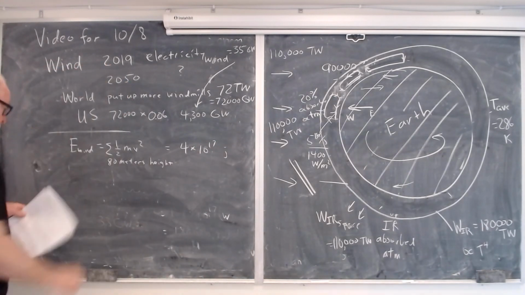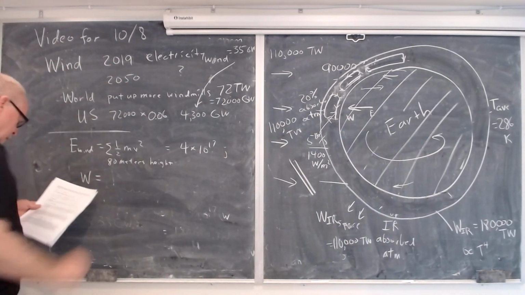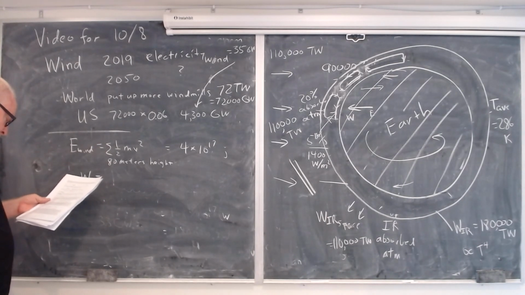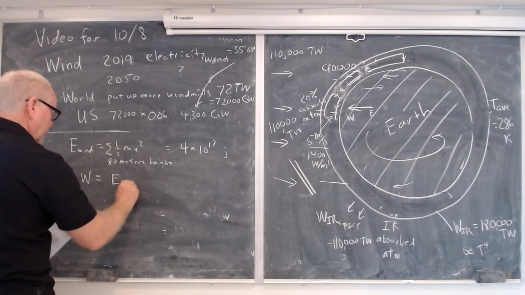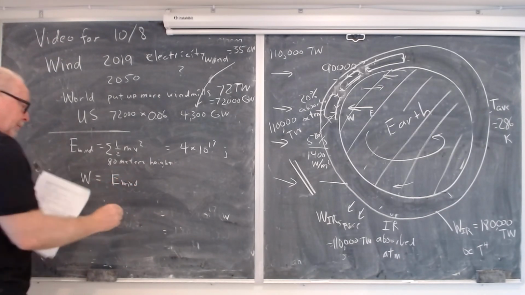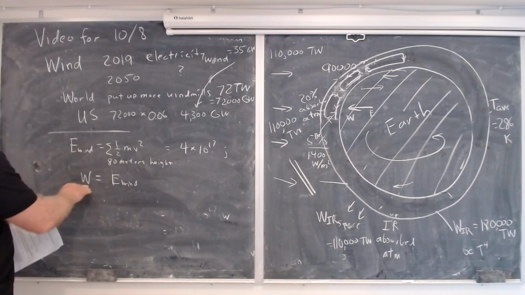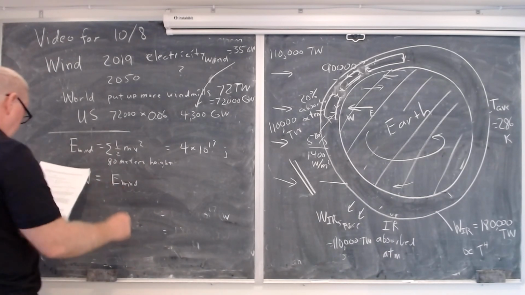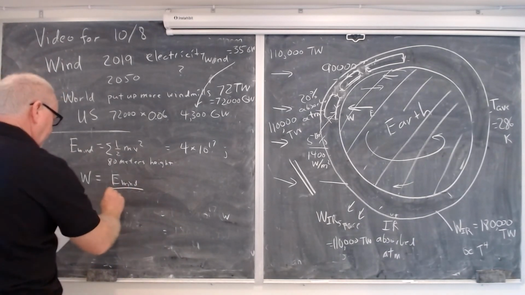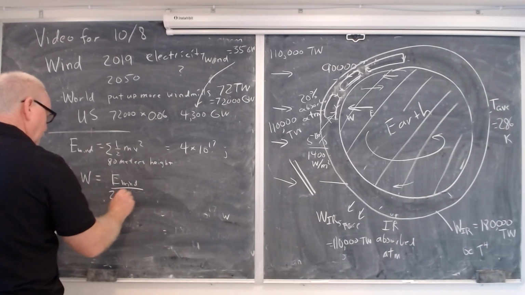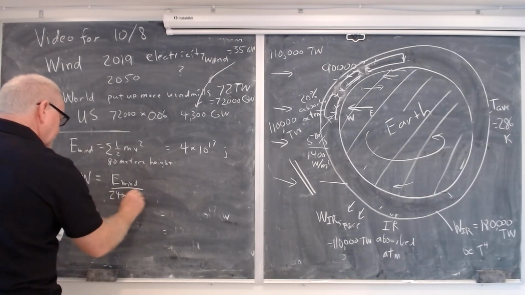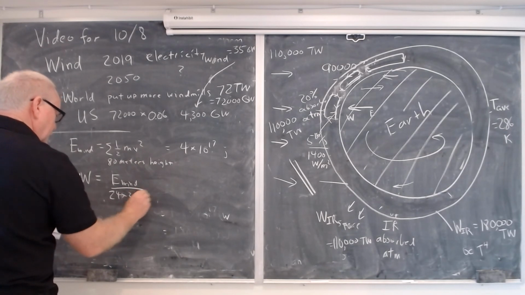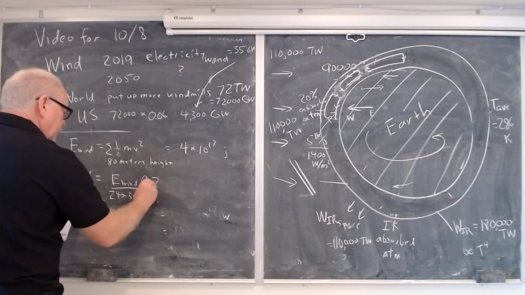And then you can divide that, since power is energy per unit time, by 24 hours times 3600, times 0.2.